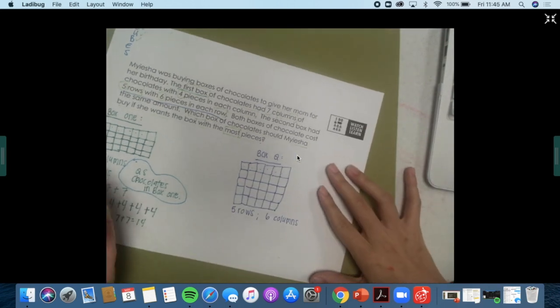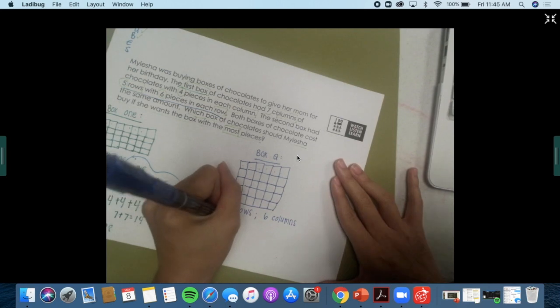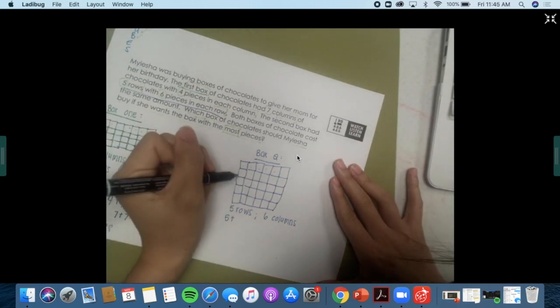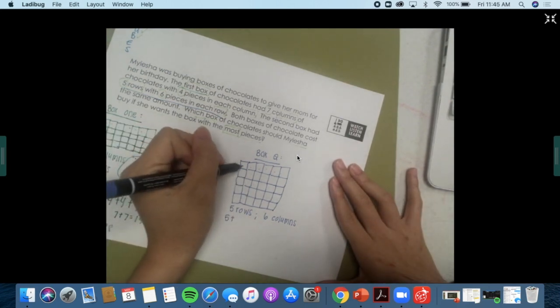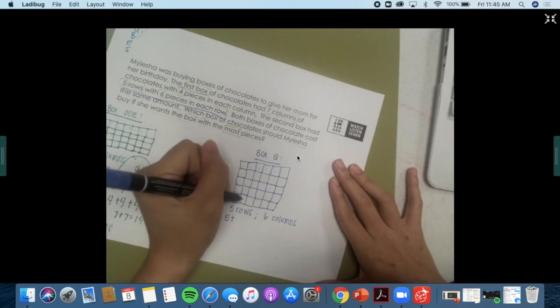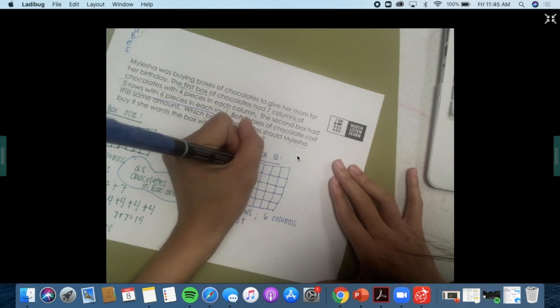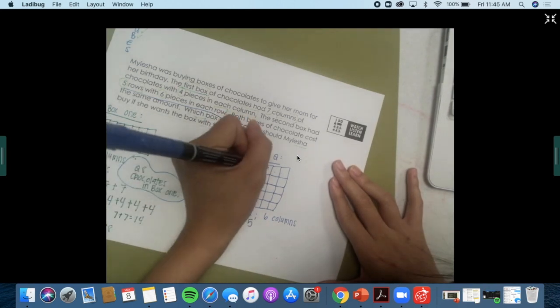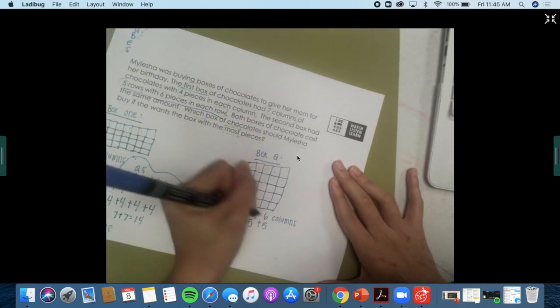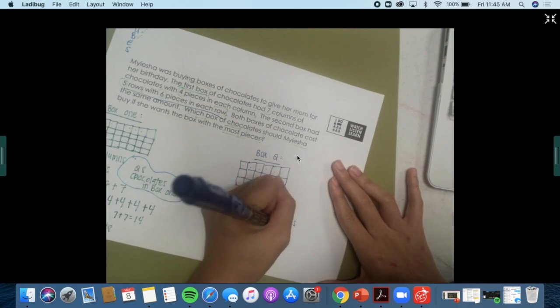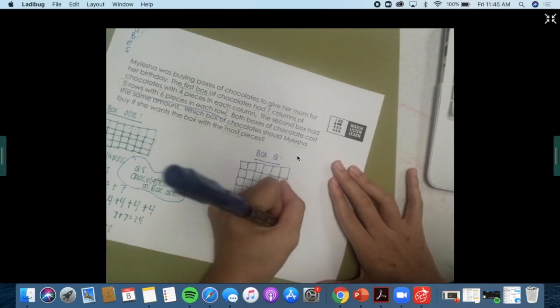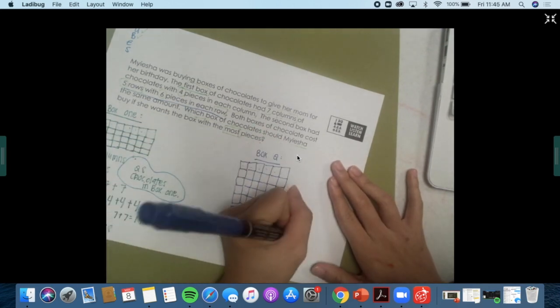And my repeated addition equation could be 5 plus 5 plus 5 plus 5 plus 5 plus 5.